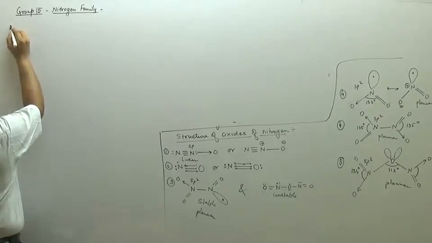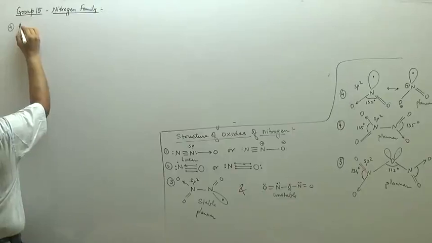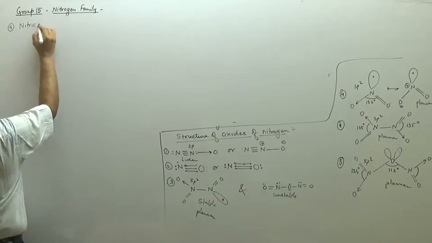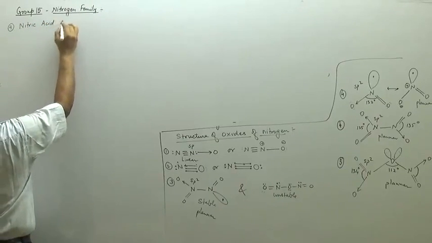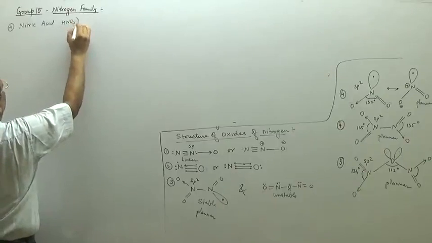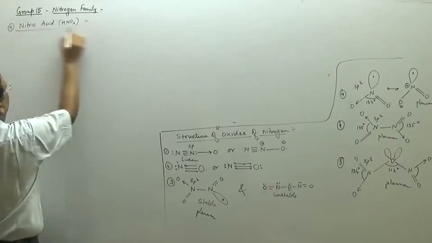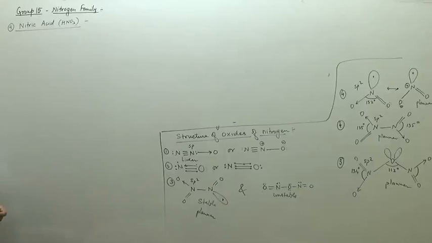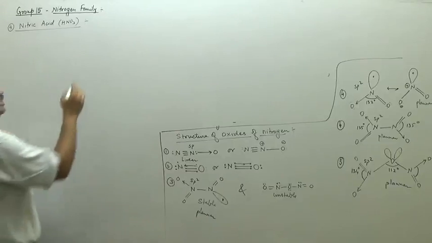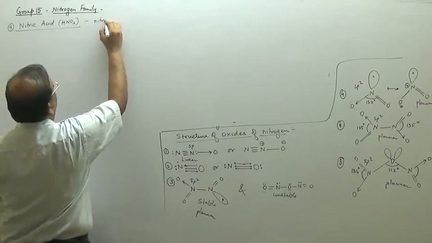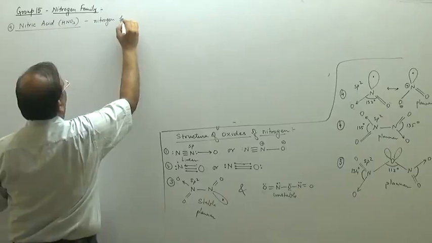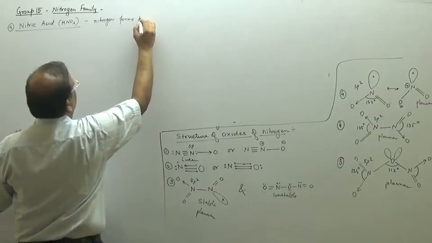After the oxides, we can write that the fourth one is nitric acid, that is HNO3. So we are going to discuss that. Nitric acid is a strong acid, we know that. Nitrogen forms oxo acids.